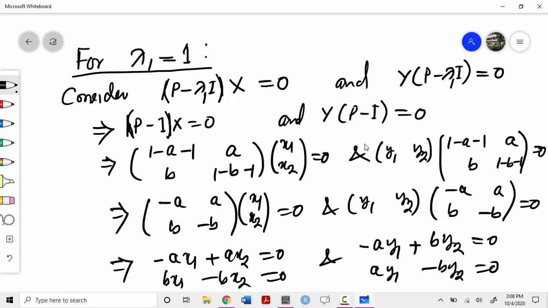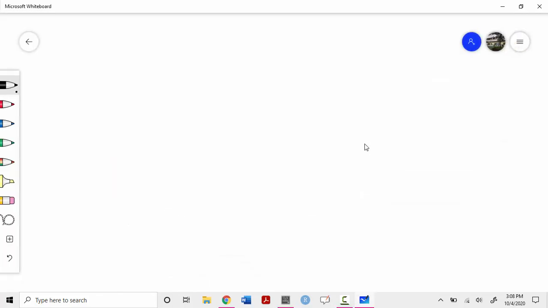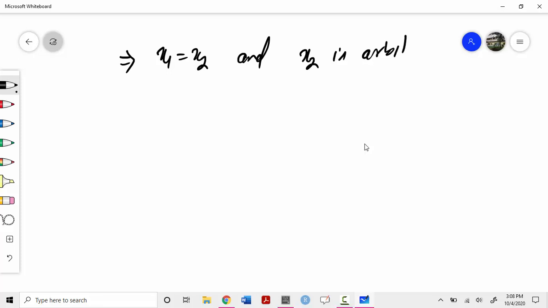Now this implies x1 equal to x2 and x2 is arbitrary, and for the second we get y equal to (b, a).